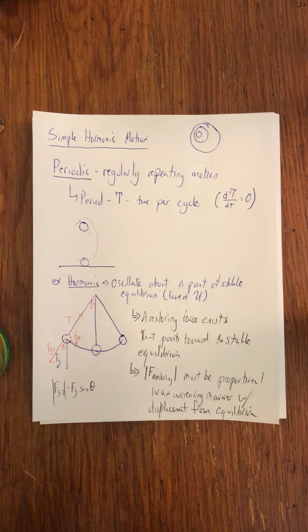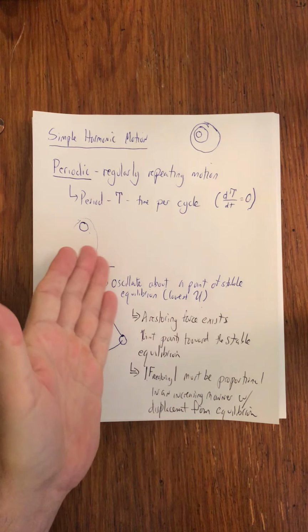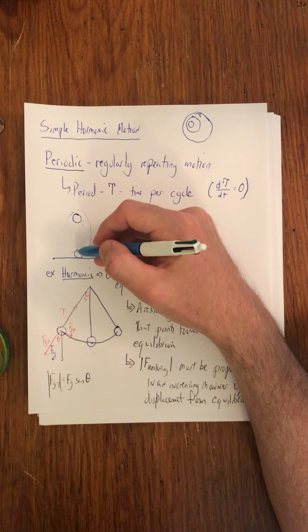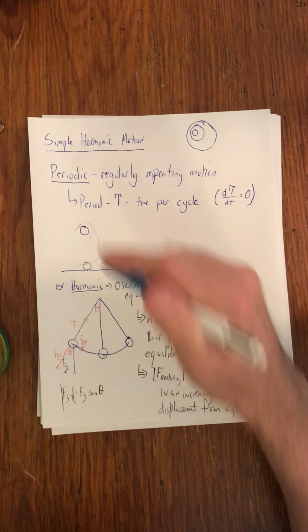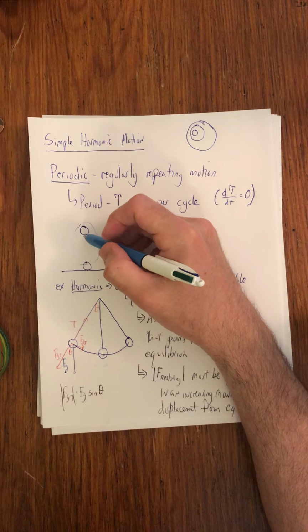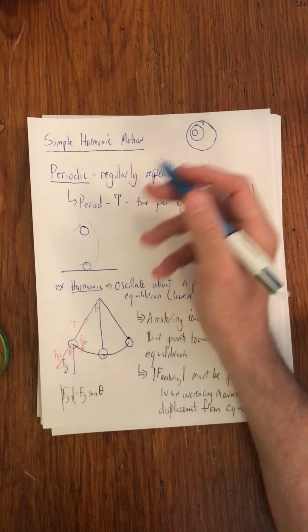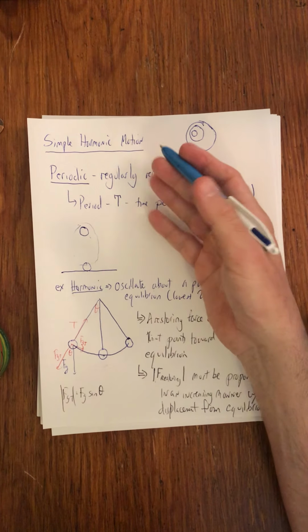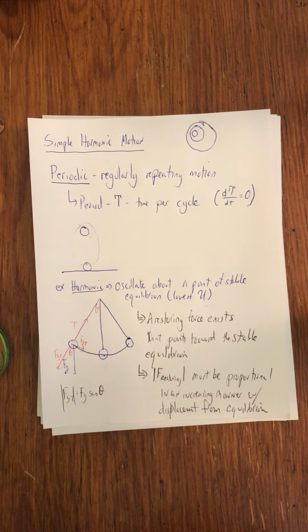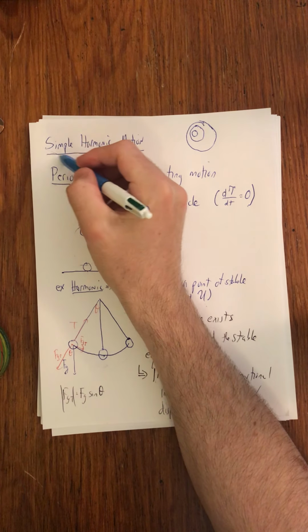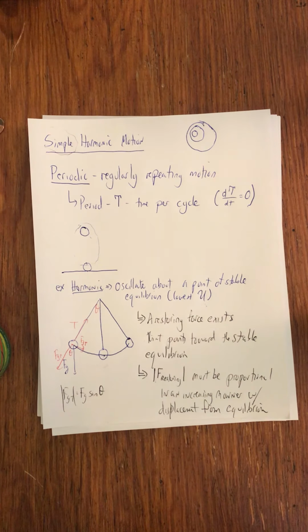All right, so harmonic motion. This motion is not harmonic because the force of gravity here doesn't change based on the height. So the displacement from the equilibrium position doesn't affect the magnitude of the restoring force. This could never qualify as a harmonic motion even though it's periodic. Okay, so then the question is, what makes something a simple harmonic motion?